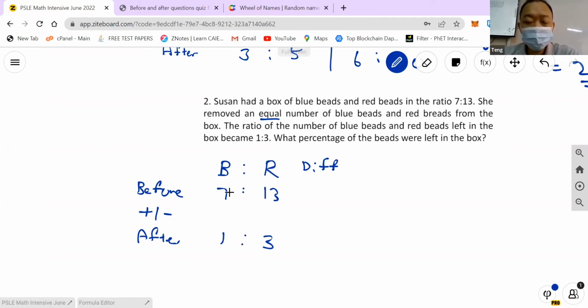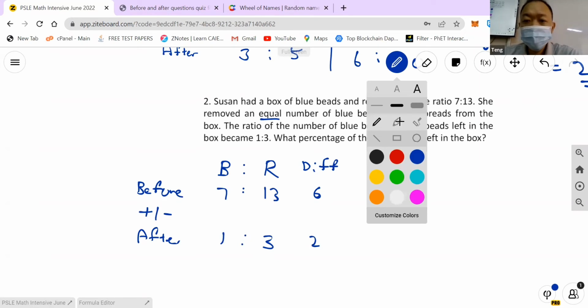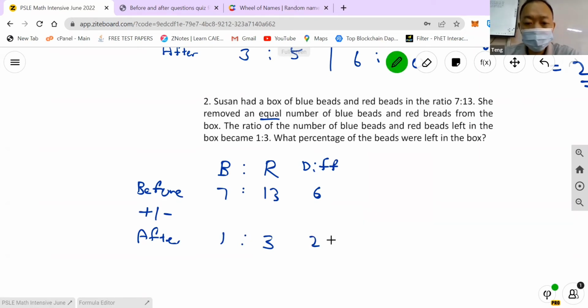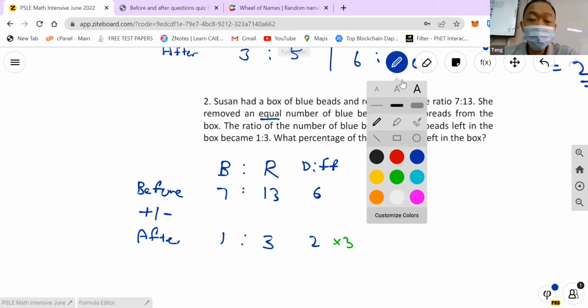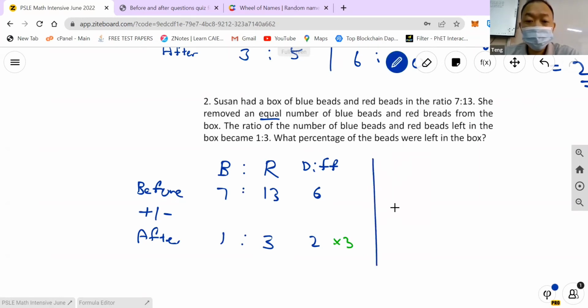However, if you look at the original number here, it gives us 6, and this is 2. So 2 makes it 6, the bottom row gets times 3, so that I can get a new set of ratios. And what is my new set of ratios? B is to R.